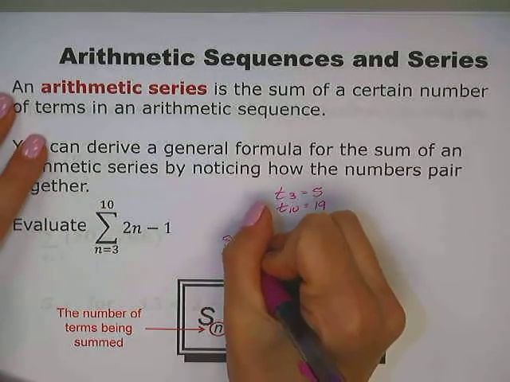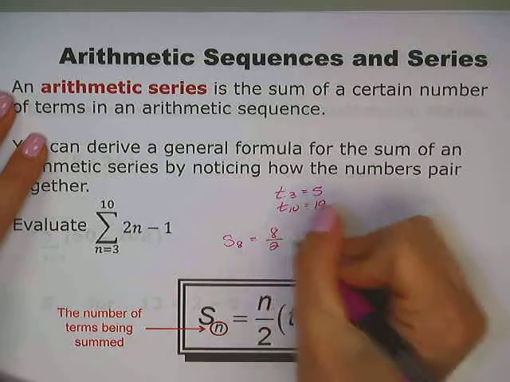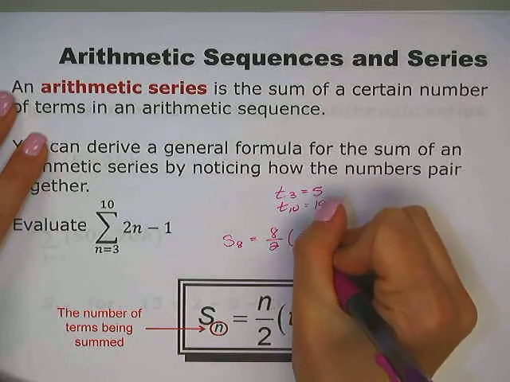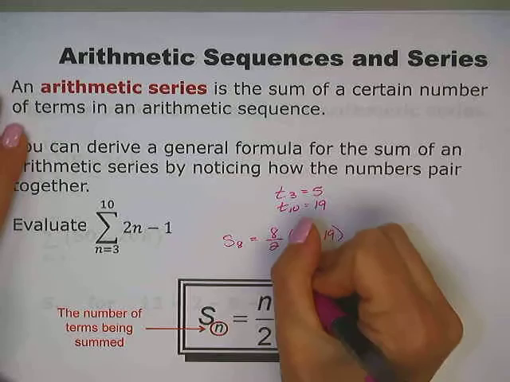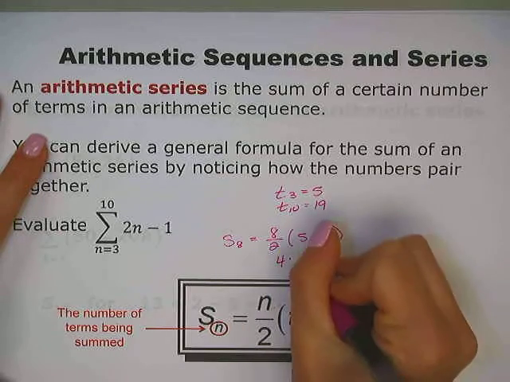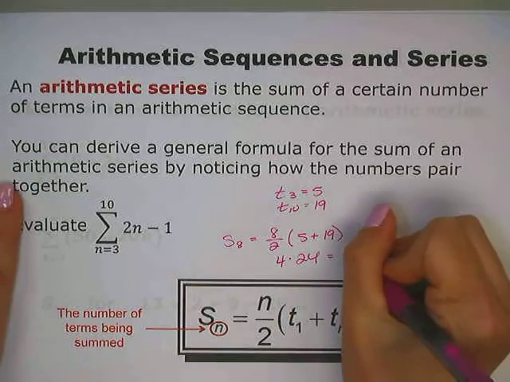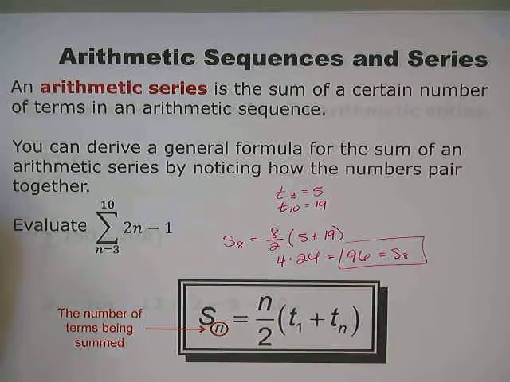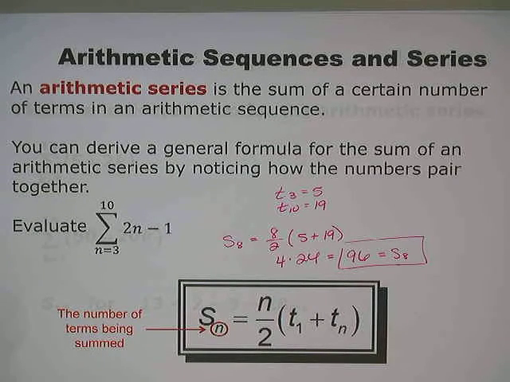So the sum of those 8 terms equals 8 divided by 2 times T sub 3, which is 5, plus T sub 10, which is 19. So 8 divided by 2 is 4. 4 multiplied by 24 comes out to be 96. So 96 would be the sum of those 8 terms, from terms 3 to 10. That's how I'd calculate a partial sum.